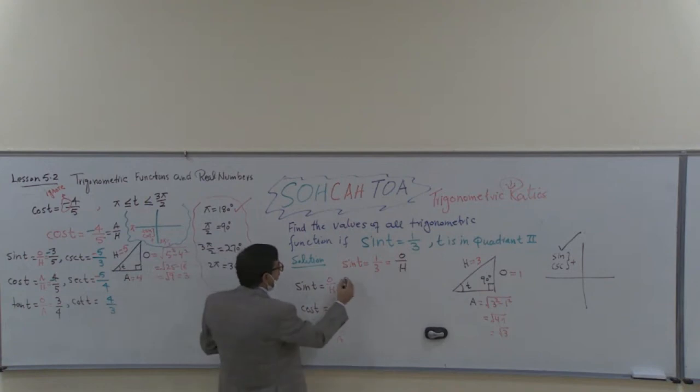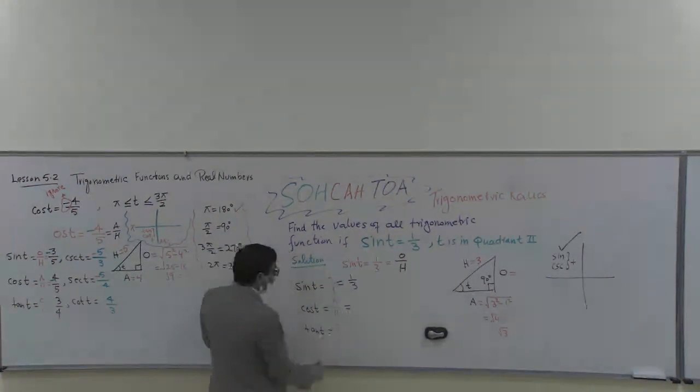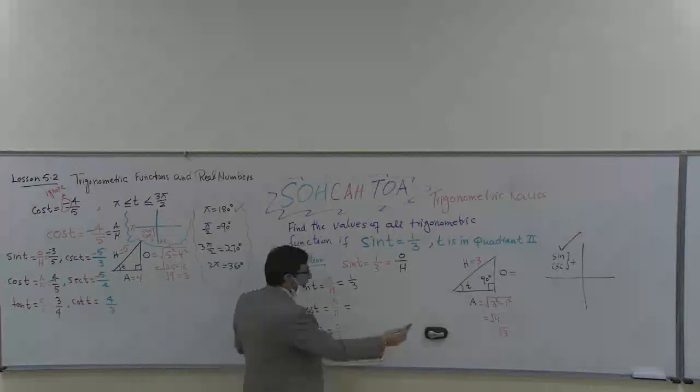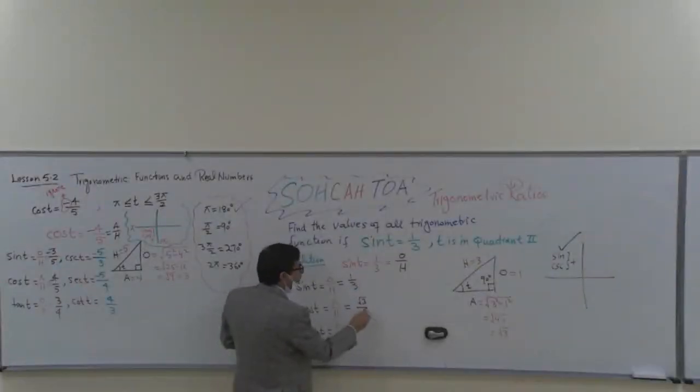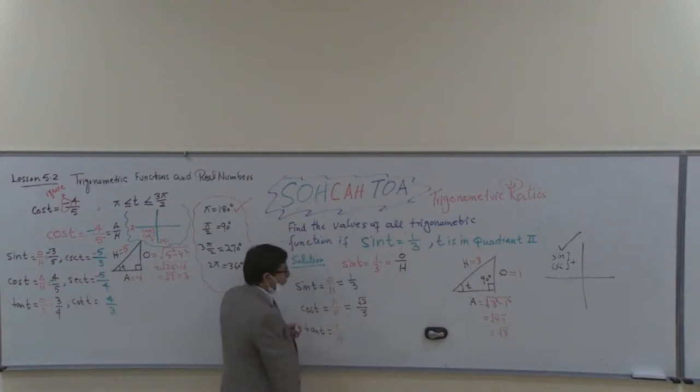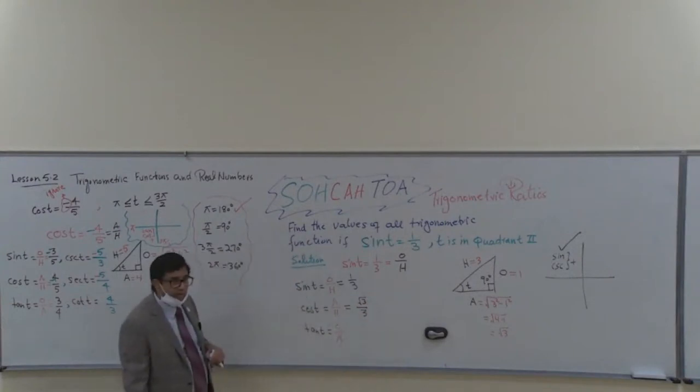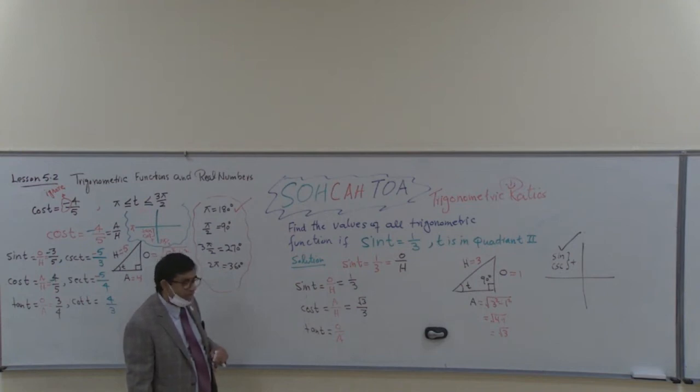Now put the values over here. Sine value is already given, 1 over 3. So cosine value is A over H. A is over here, radical 3 over 3. Sorry, any problem? 3 squared minus 1 squared. So this is 9 minus 1, you mean?